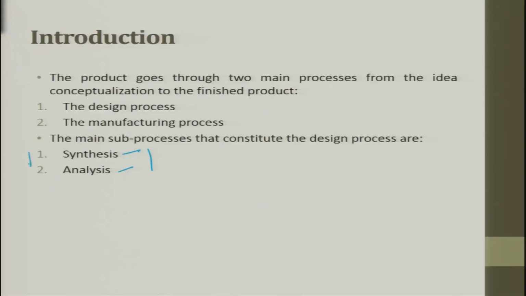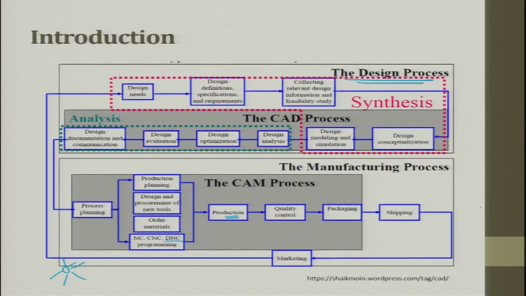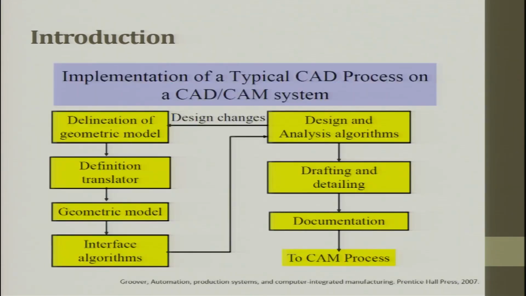If you go to the previous figure, you can see the synthesizing cycle. Synthesizing means you have collected data, then you convert the data into information and then into knowledge. The implementation of a typical CAD process on a CAD/CAM system involves delineation of the geometric model, then you define translators, then go for a geometric model, then you have an interface algorithm.